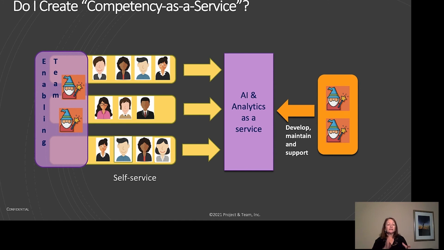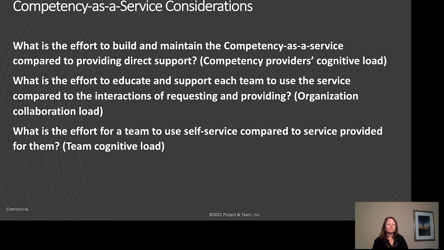Maybe they encapsulate the 80% behind a service interface. For the 20% you can also get help from that team, and then they're enabling you how to use that as a service component. So that's our competency as a service model.